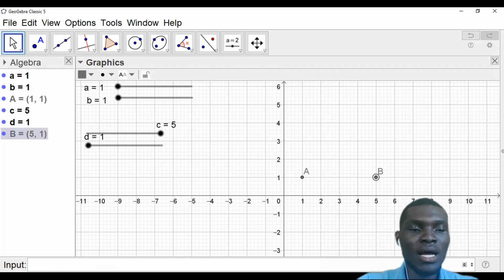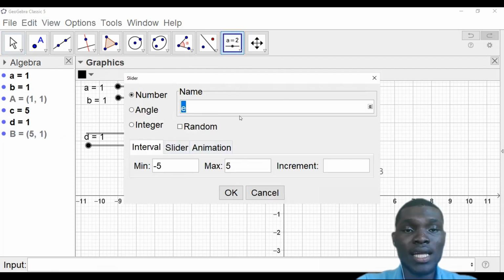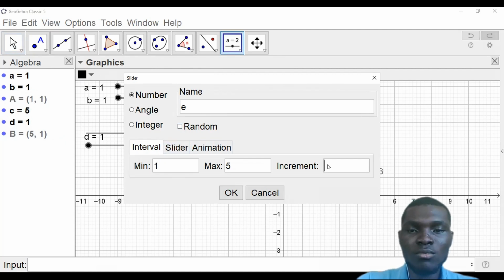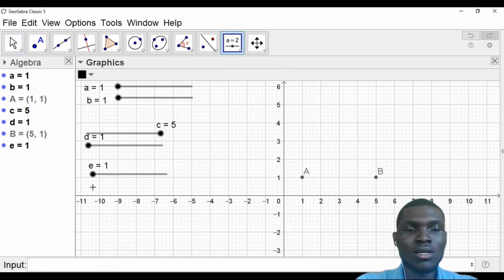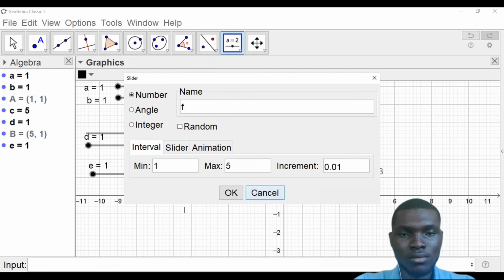And my last point, by creating two other sliders. Slider E, 1 to 5 with an increment of 0.01. Good. Another slider, F, 1 to 5 with an increment of 0.01. Good.